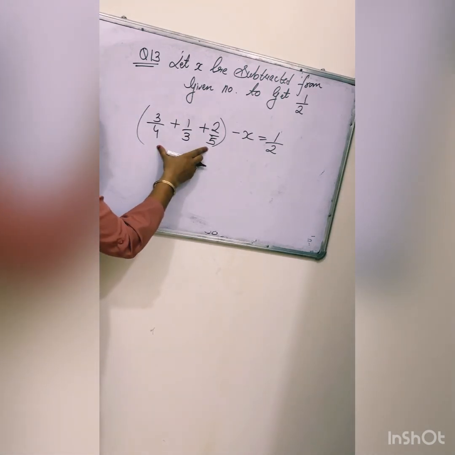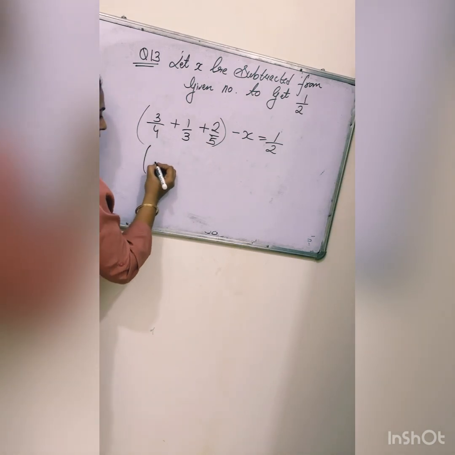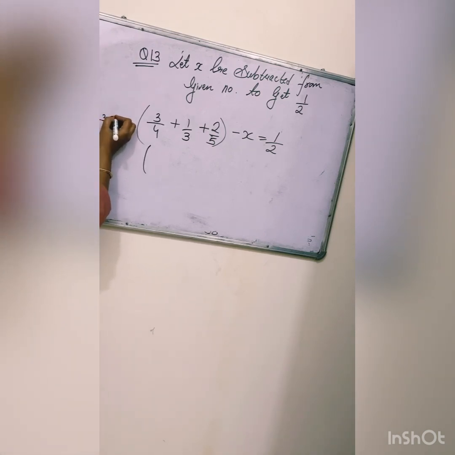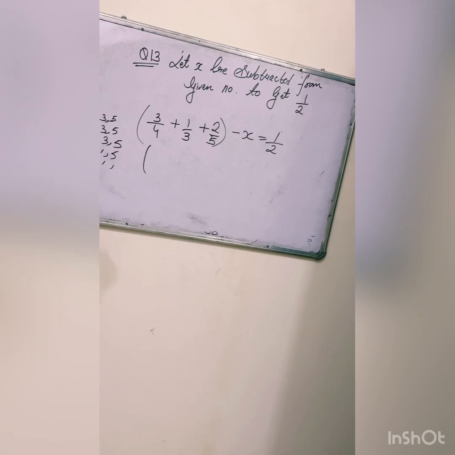So first I am going to solve this bracket. Let us take the LCM. For 4, 3 and 5: 2 2s are 4, 3, 5. It will be like this only because all three are co-prime.